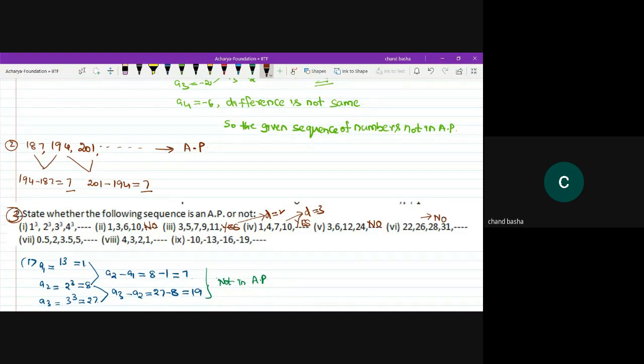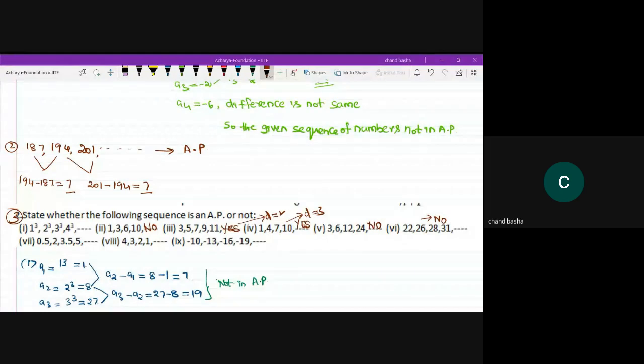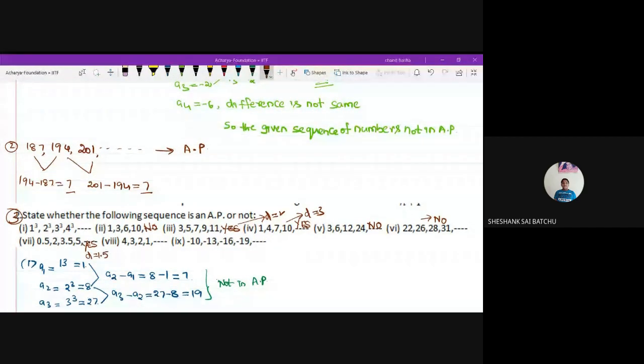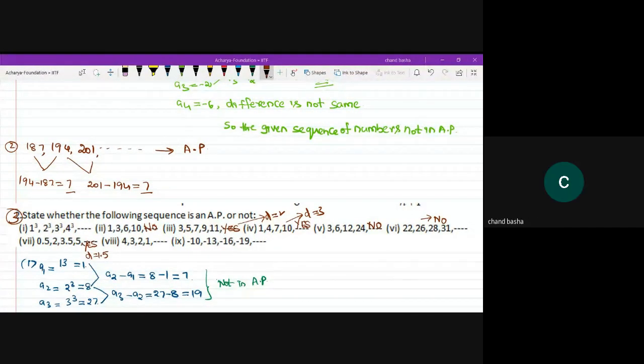Vigneet, question number 7. Yes, very good. Vikram, Harshavardhan, Ritvik, Pujita, the 7th one is yes. Very good, guys. The 8th one is yes, sir.